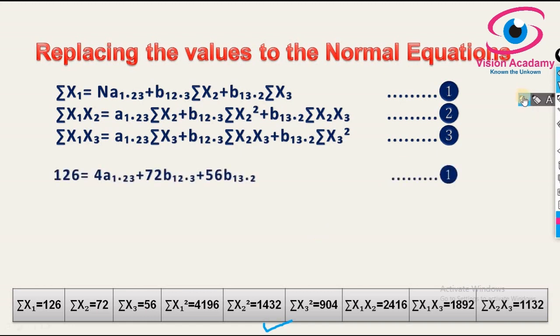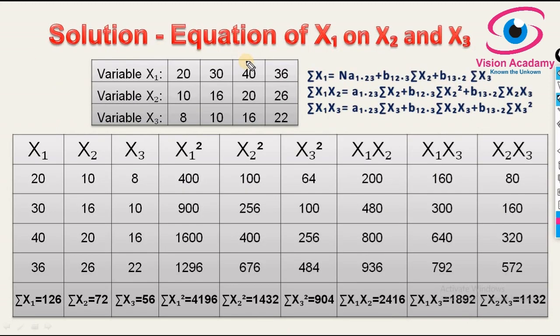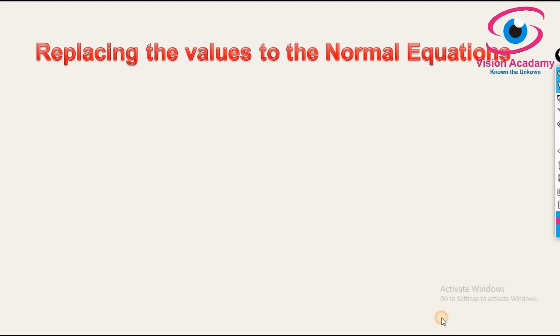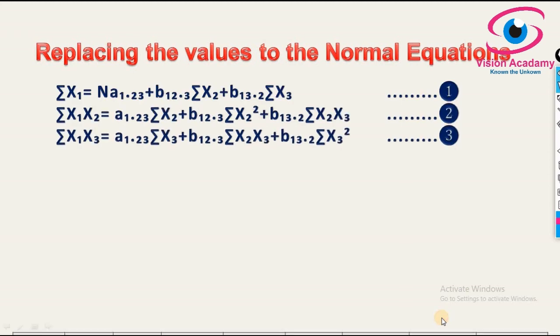Let me show you. Here summation x1 is 126, which is replaced here, and n is the number of observations, 4 in this problem. Each of the x1, x2 and x3 variables has 4 observations, so n is 4.